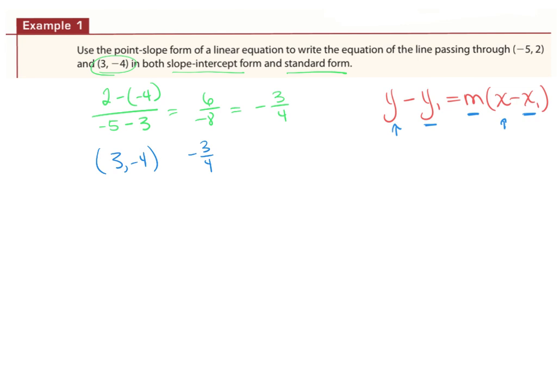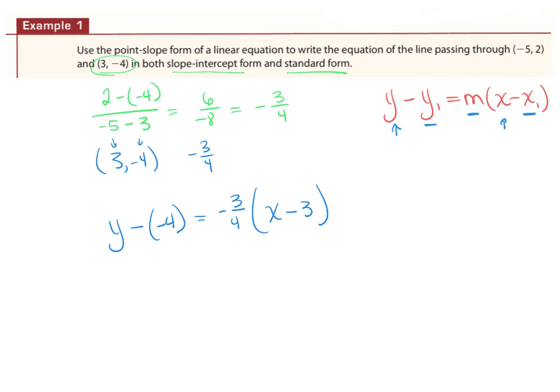When I do this, I will say y minus my y value of the point equals m times x minus my x value of the point. All right. They want it in 2 ways.